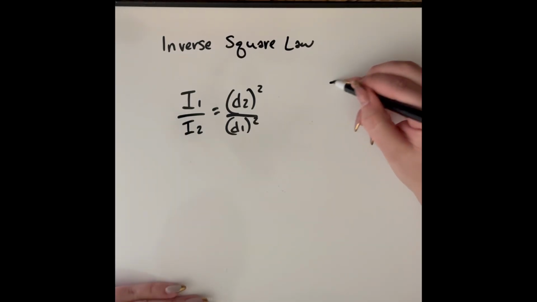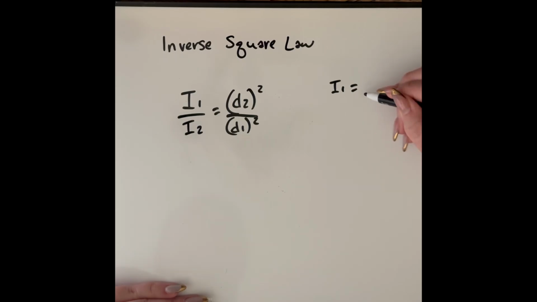So our I1, that is our initial intensity, meaning whatever the initial dose is going to be is going to be this number. So like if they say the initial intensity is 2 MR, that will be the I1 intensity.